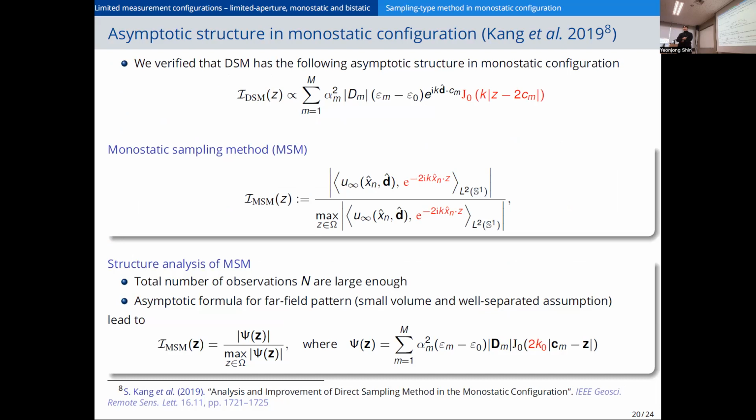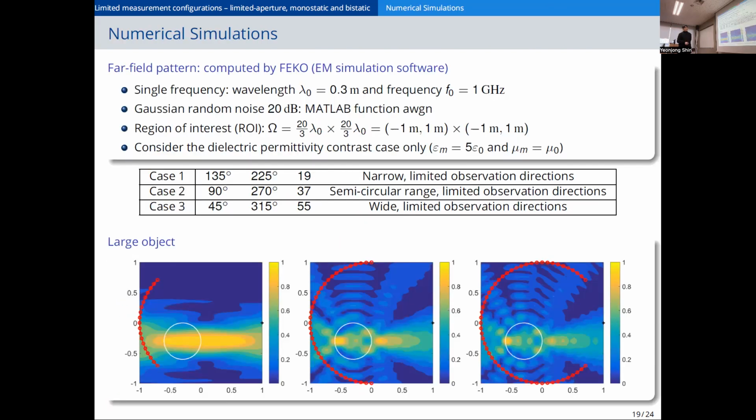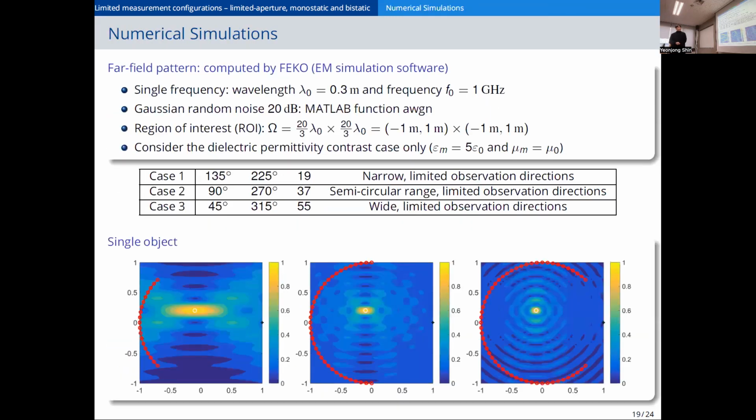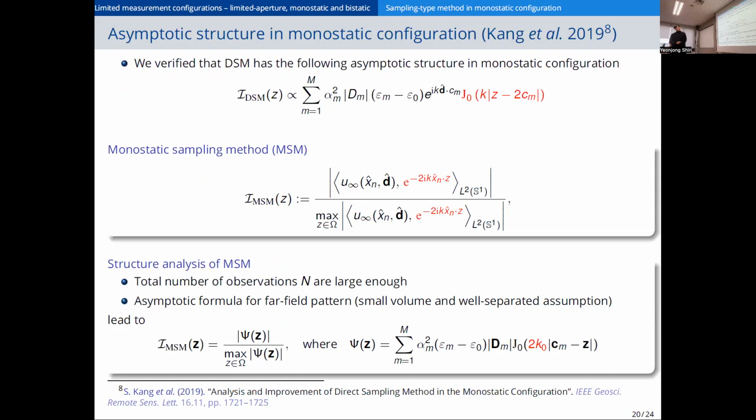Since the DSM is applied to only a single impinging direction, we apply the DSM to the monostatic wave, because the full view has the same number of data as the monostatic configuration. That's why we try to apply the DSM to the monostatic configuration. But by applying the traditional DSM, we derive this asymptotic formula. This means that we are searching the target at 2z, not z, only the 2z.